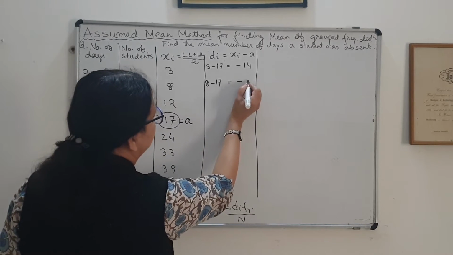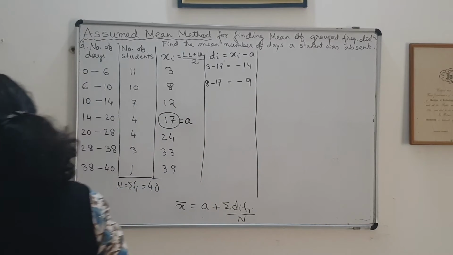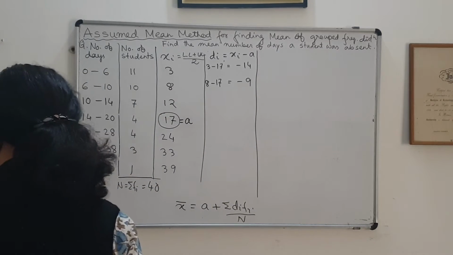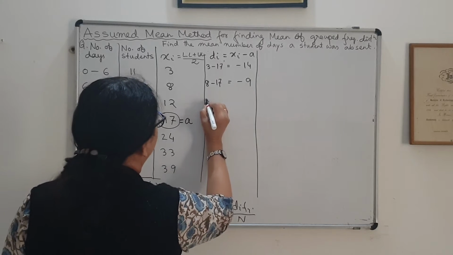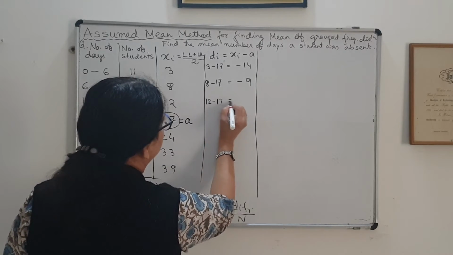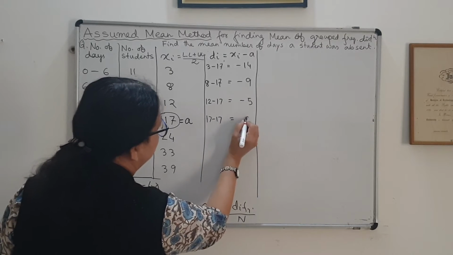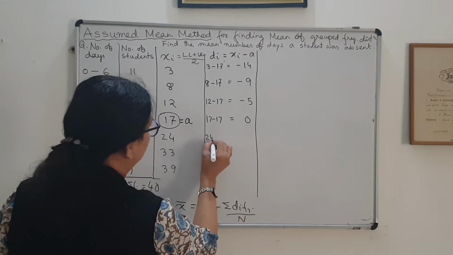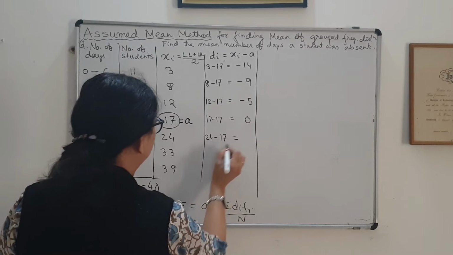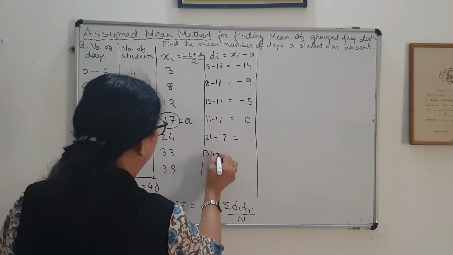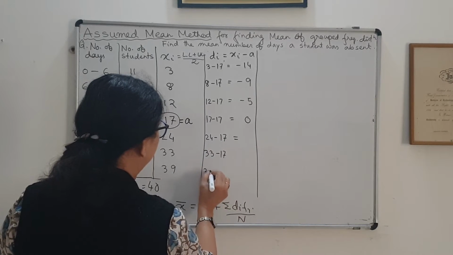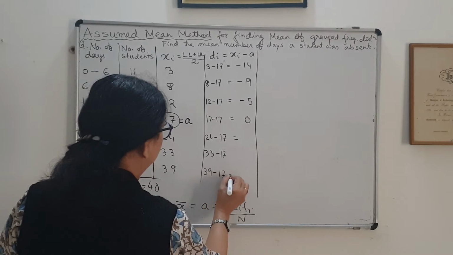Similarly, it will be 12 minus 17, so it is minus 5. And it is 17 minus 17, so it is 0. Then 24 minus 17, then 33 minus 17, then lastly 39 minus 17.